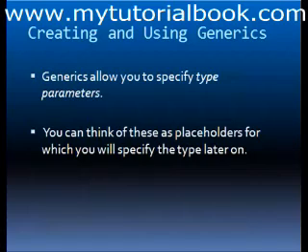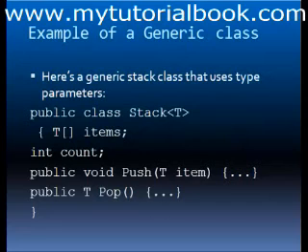Creating and using generics is done as follows. Generics allow you to specify type parameters. So you can think of these as placeholders for where you will specify the type later on. Here's an example of a generic class. I'm working with the Stack class that you may already be familiar with from .NET 1.1 in the System.Collections namespace.